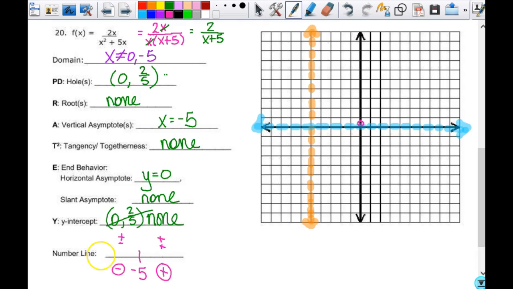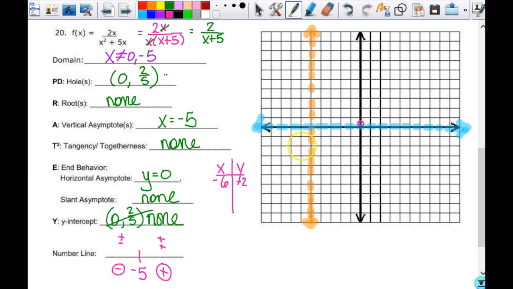And then to think about what else I might need on my graph here. I know from negative infinity all the way to -5, it's negative the whole time, which means that it's probably coming like this, right? But I can get a couple of points if I want. Let's pick -6. Well, -6 is going to give me 2 over -1, so that's a -2.